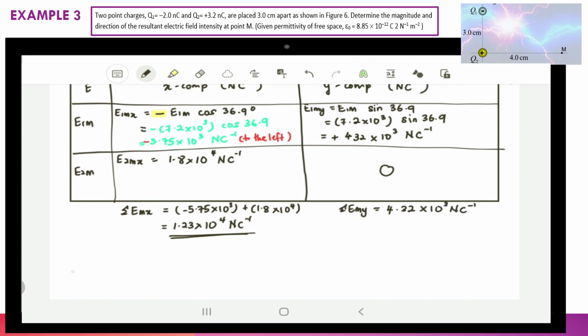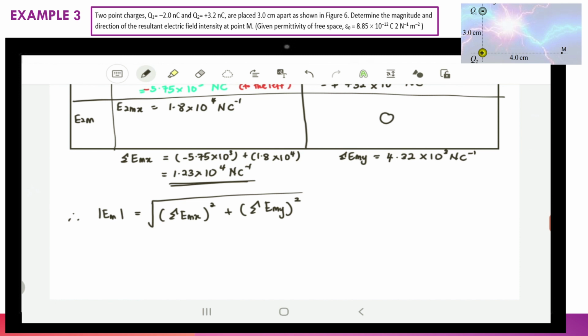Therefore, the resultant electric field on point M is equal to the square root of the total electric field on M due to x component squared plus y component squared. Since here we have y as 4.32 exponent 3, you can just substitute 1.23 exponent 4 squared plus 4.32 times 10 power of 3 squared.